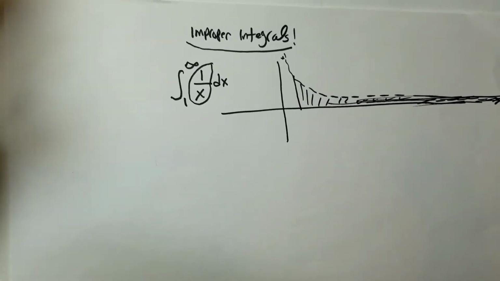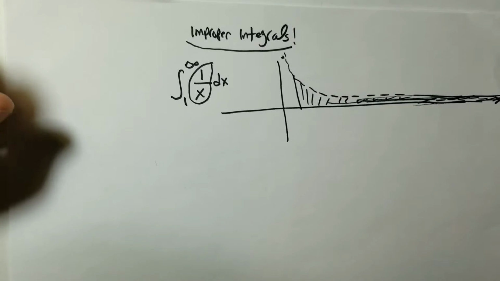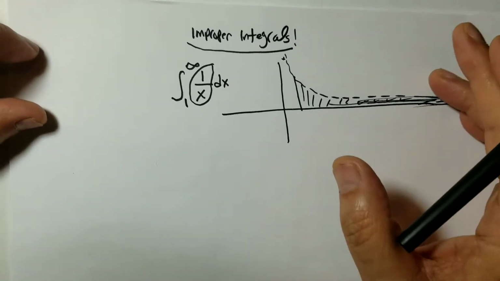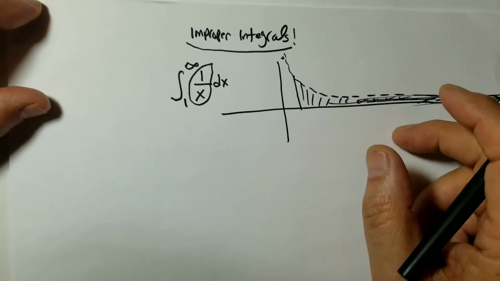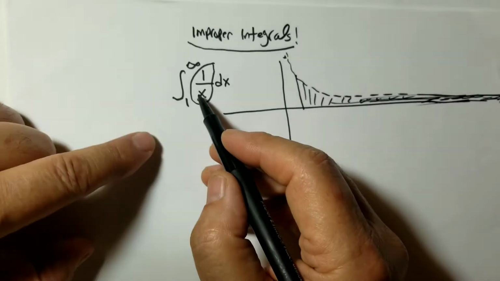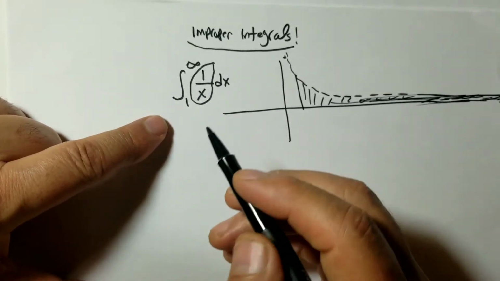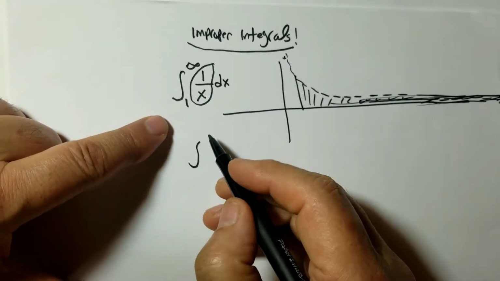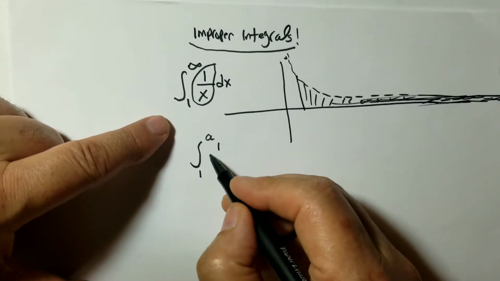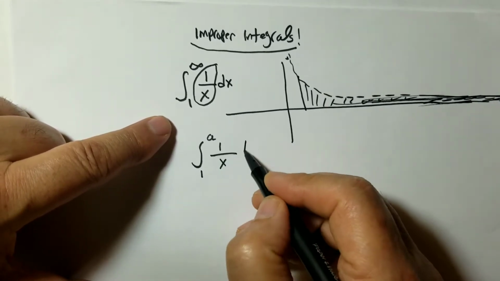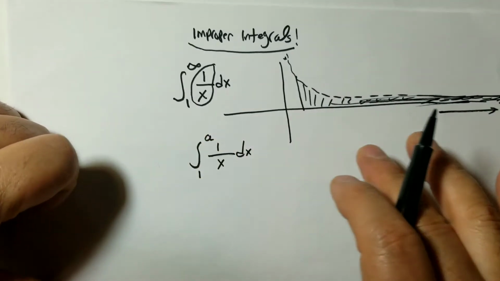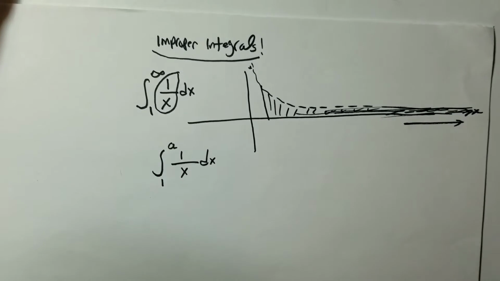Does it converge to a finite number, or does it get so huge that I don't know what the square units are? Therefore, I don't know how to solve the improper integral, but I have to change it to a proper one. I'm going to call the upper bound A, from 1 through A. And remember, A is a number that approaches positive infinity.